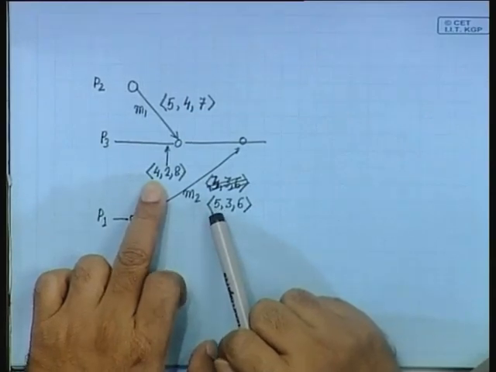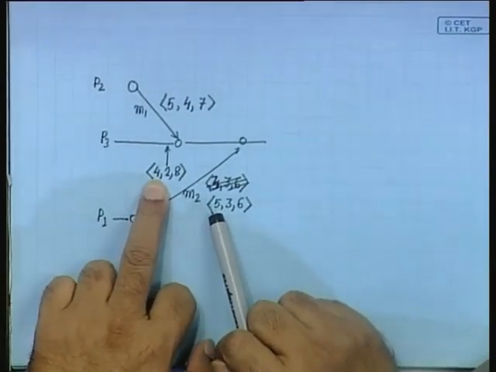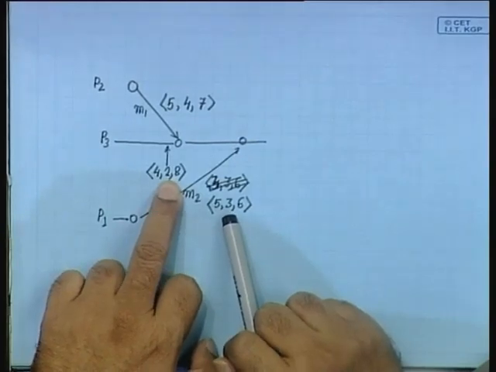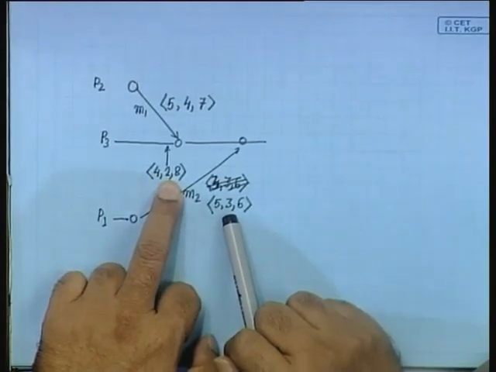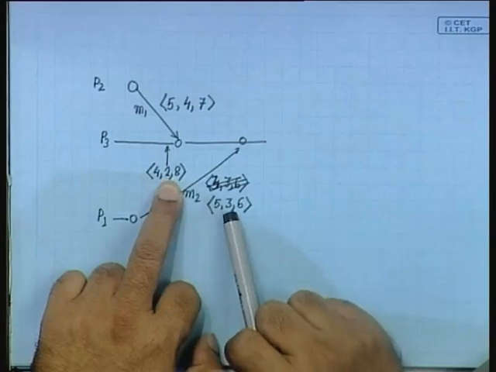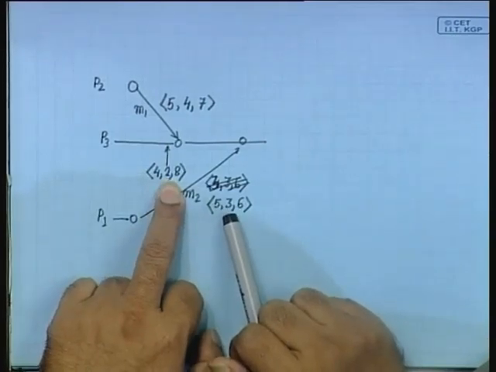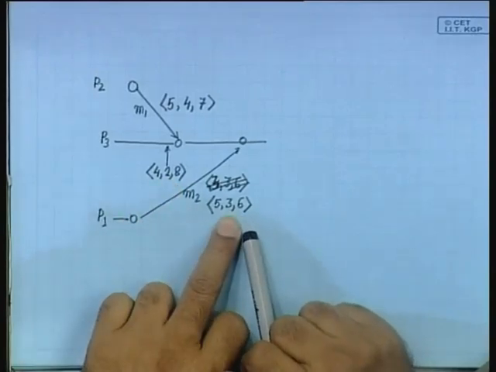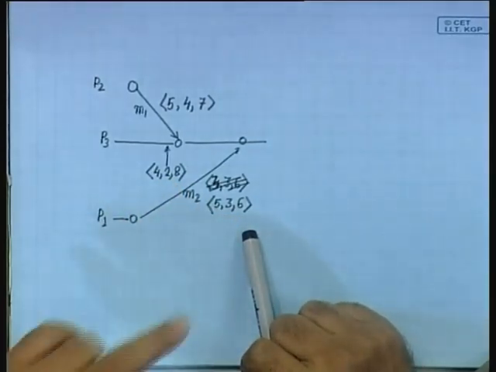So, that satisfies the required criteria, but in P2 it shows that this is 2, this is 3. Okay. So, the message that was sent by P2 time stamped with 3 has not yet arrived, but P1 was aware of it. So, that message causally precedes this one.